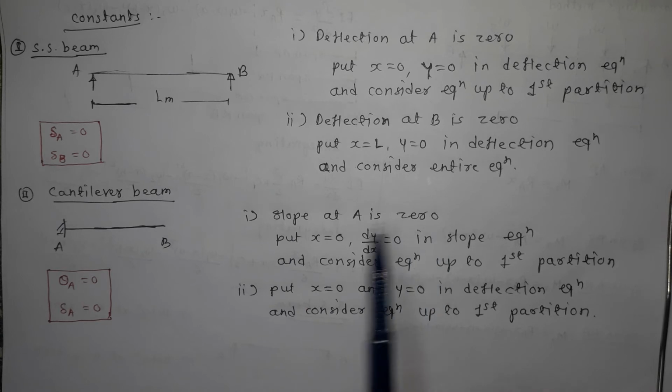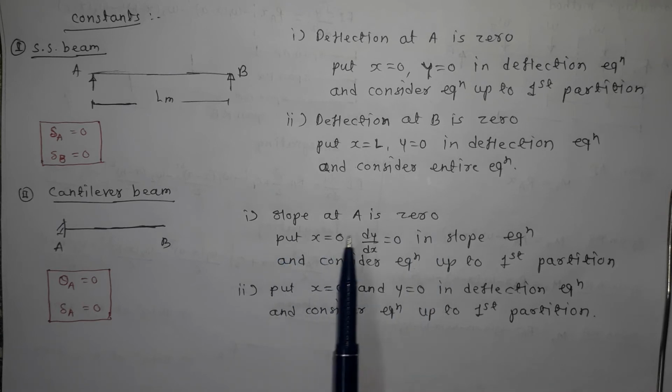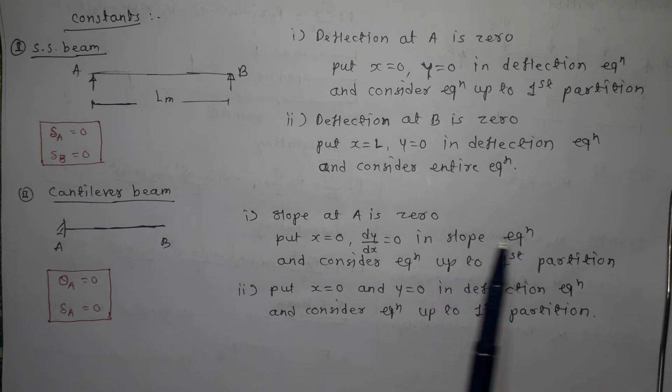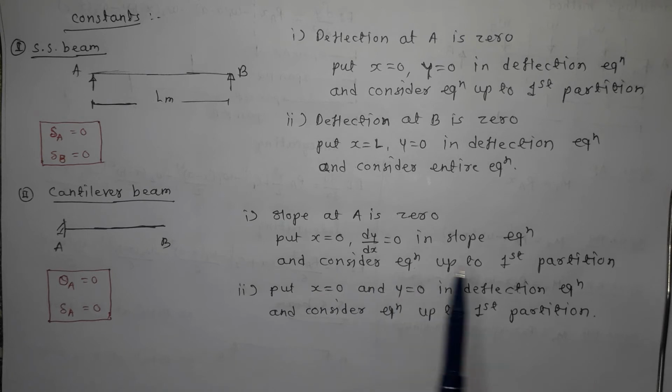Slope at A is 0: put x equal to 0, slope is 0 means dy by dx is equal to 0 in the slope equation. So here we will have to substitute it in the slope equation and consider the equation up to the first partition because point A is the left end. Second, deflection at A is 0 means put x equal to 0 and deflection y equal to 0 in the deflection equation and consider the equation up to the first partition.